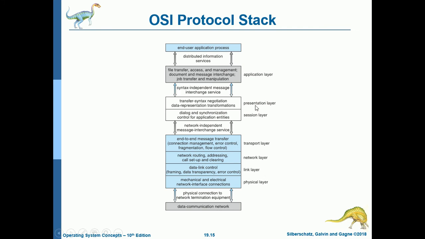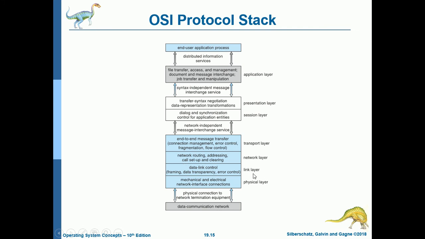In the presentation layer, we have transfer syntax negotiation and data representation transformations. In the session layer, we have dialogue and synchronization control for application entities. Between the session and transport layers, we have the network-independent message interchange service. In the transport layer, end-to-end message transfer, connection management, error control, fragmentation, and flow control happen. Next is the network layer, where network routing, addressing, and call setup and clearing are done.